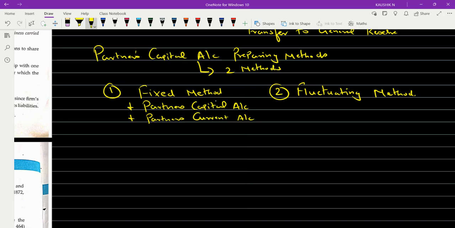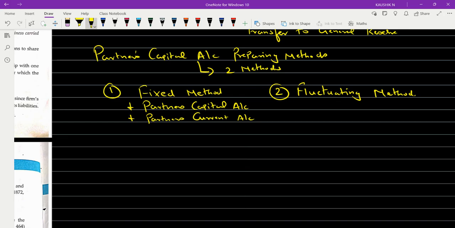So if the business is following the fixed capital method, you have to prepare two ledgers: one named partner's capital account, the second named partner's current account. These are the two ledgers to be prepared under the fixed method.